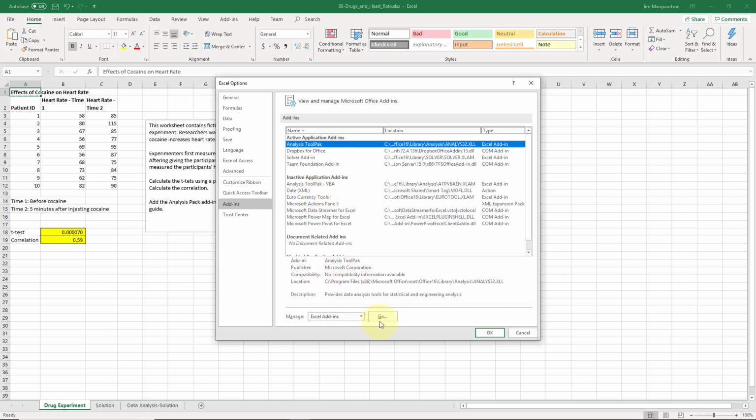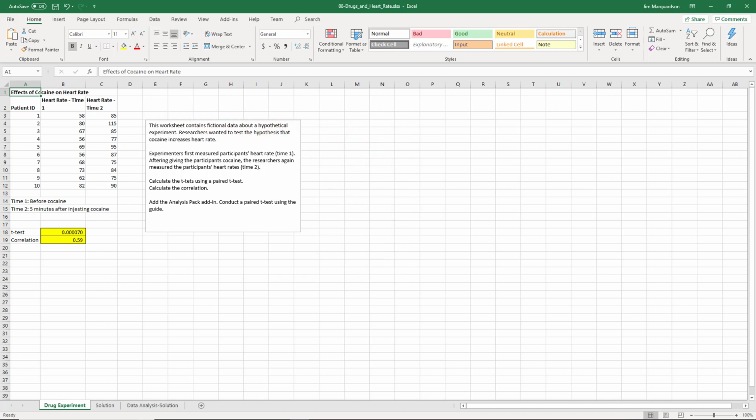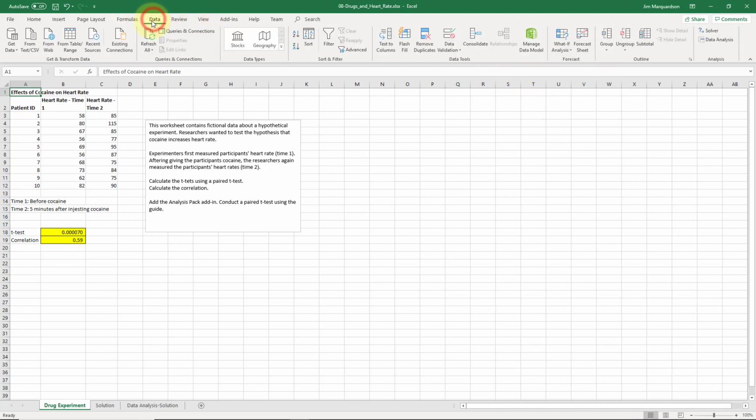Manage the Excel add-ins. So I'm going to click Go. I want the analysis toolpack. So make sure you've got that analysis toolpack checked. So once I've got that enabled, I can come to data now, and I'm going to have some extra stuff. Oops, sorry, click data. I'm going to click data analysis.